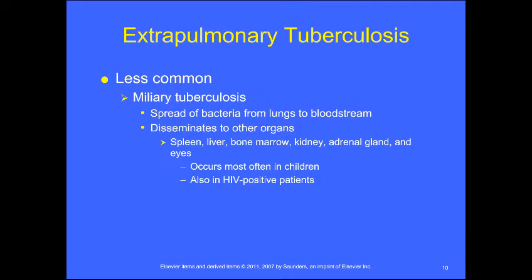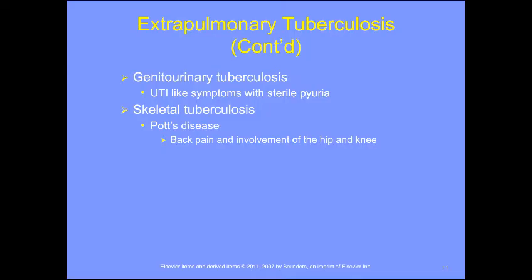Katulad nung minsan nahawakan ko. When I was in medicine, ang patient ko ay may POTS disease na. POTS disease, there is a tuberculosis of the bone. Okay. We also have your genitourinary tuberculosis. So, ano yung mga affected? Bladder mo affected, diba? So, the UTI-like symptoms with sterile pyuria.